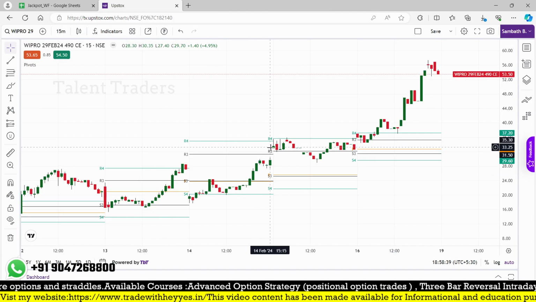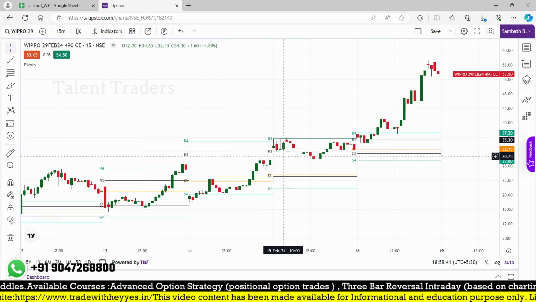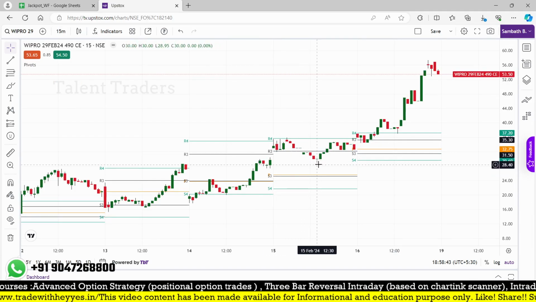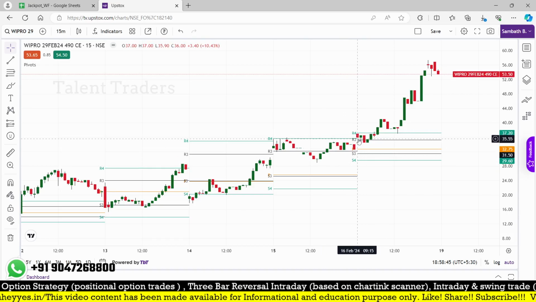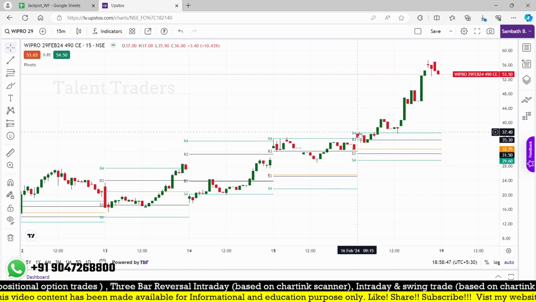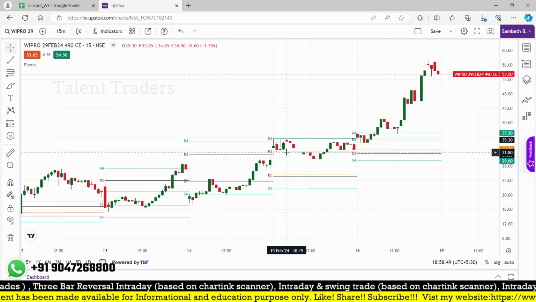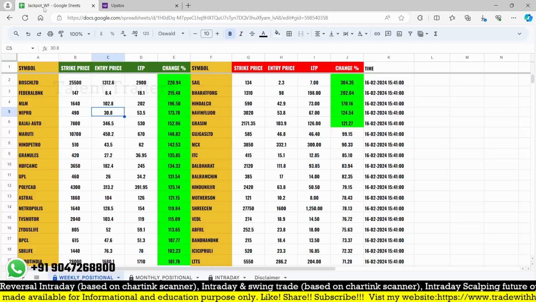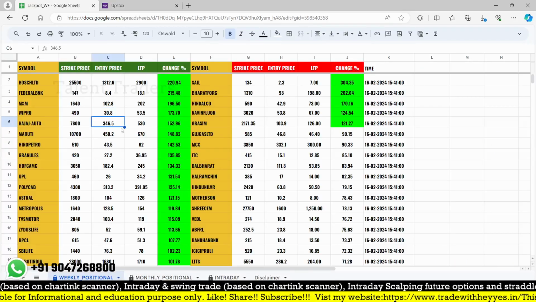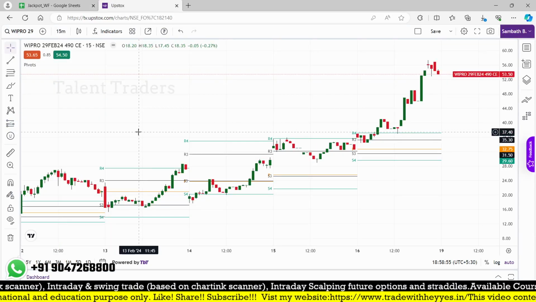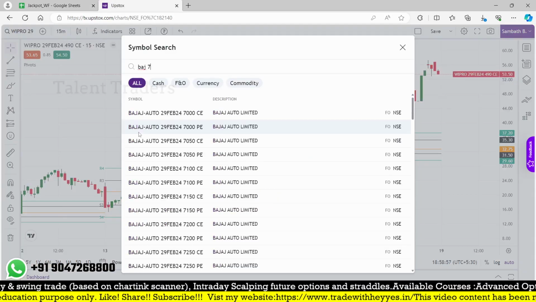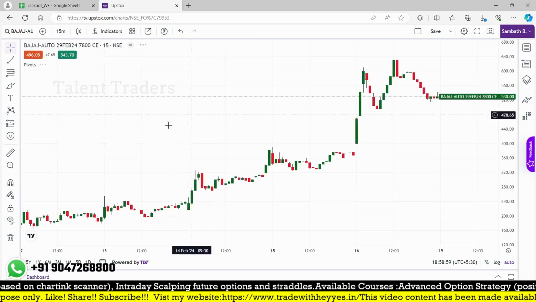I didn't consider this a valid breakout. After such a move down from 30, if it gives a breakout once again, then we can go for it, or else we can ignore it. That is valid versus not valid. Now Bajaj Auto 7,800. Let me go for the 7800 call option on Bajaj Auto.